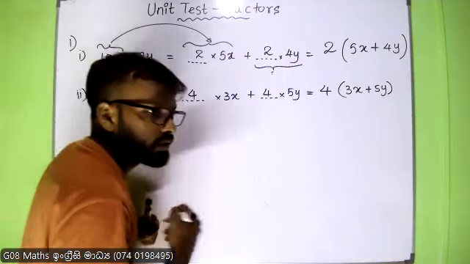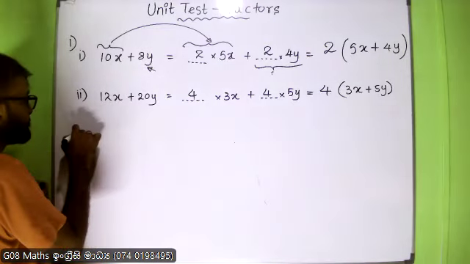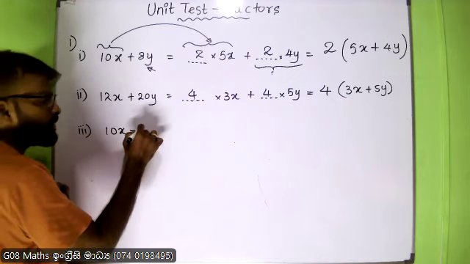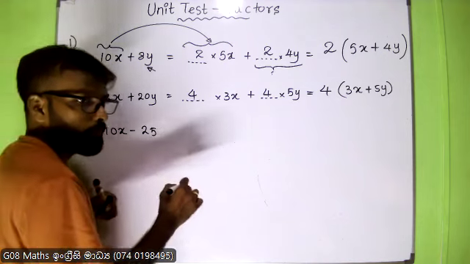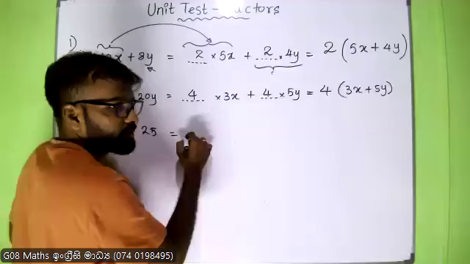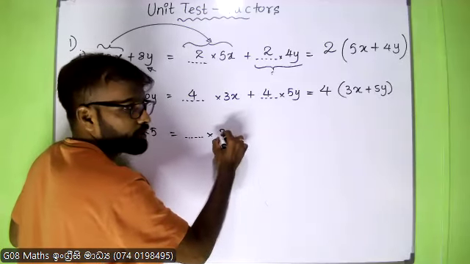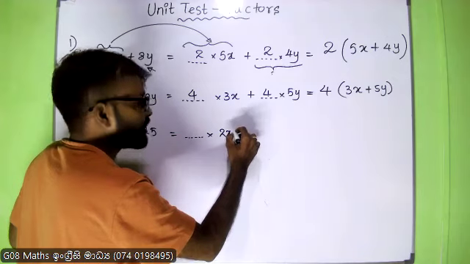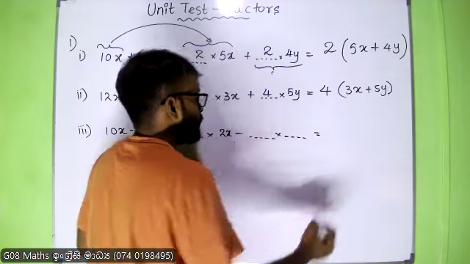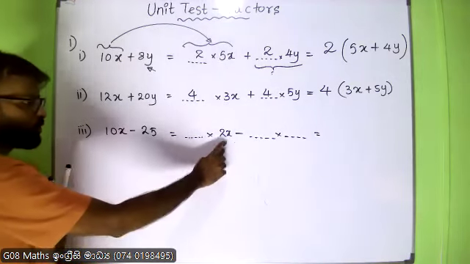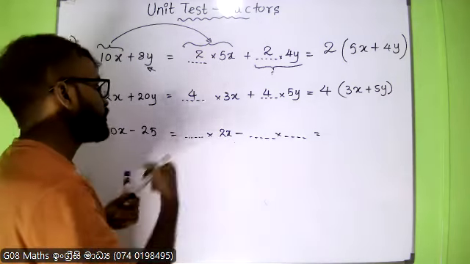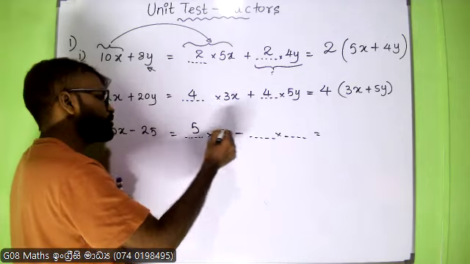Then next one, third one. 10x minus 25. Here the blank, and you have 2x minus another blank. So how do you fill this? Here you have 2x. How do you convert 2x into 10x? By multiplying by 5. 5 times 2, 10.